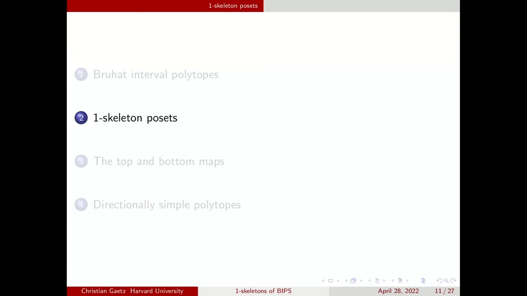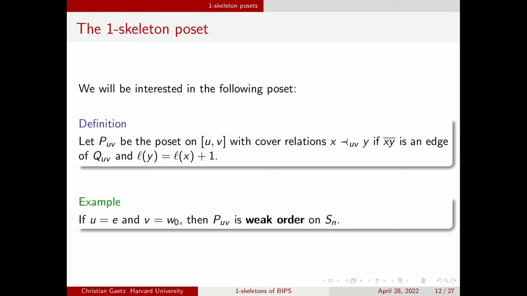Okay, so the property of Bruhat integral polytopes that I want to study is their one skeleton, and in particular, by analogy with the permutohedron, where we could view its one skeleton as a partially ordered set, and we got weak order, I want to do the same thing here. So what we're going to be interested in, I'll denote PUV.